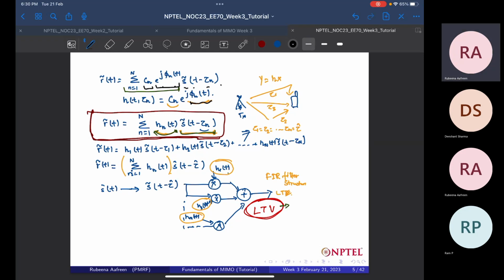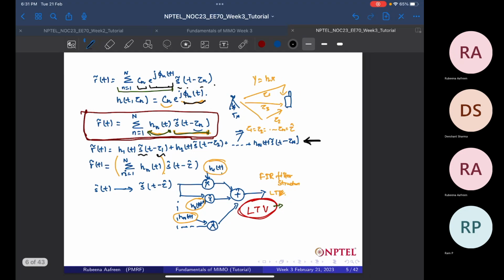In the previous weeks, we wrote the received signal as the first signal delayed by tau 1 multiplied by the channel coefficient from the first path. Like that, here we see that multiple paths are introduced. Now see this.